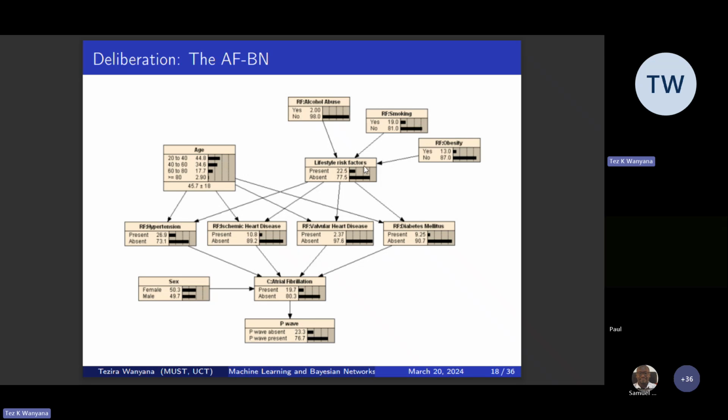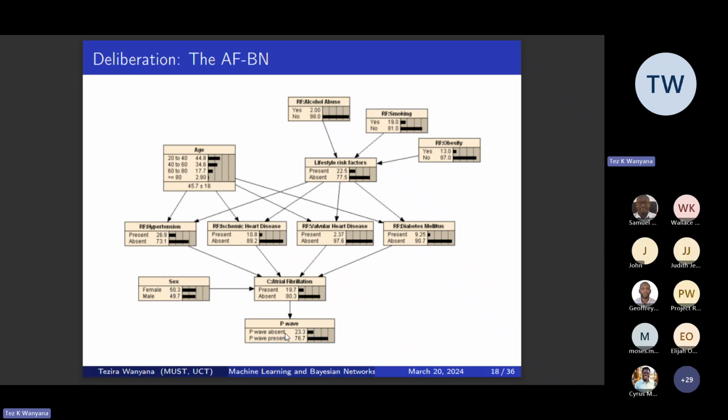If we have information about any of these, in addition to what has been returned in the pattern detection phase, then we can add it as evidence, and then we can see exactly how these other risk factor nodes behave in a way that explains why a person has atrial fibrillation.